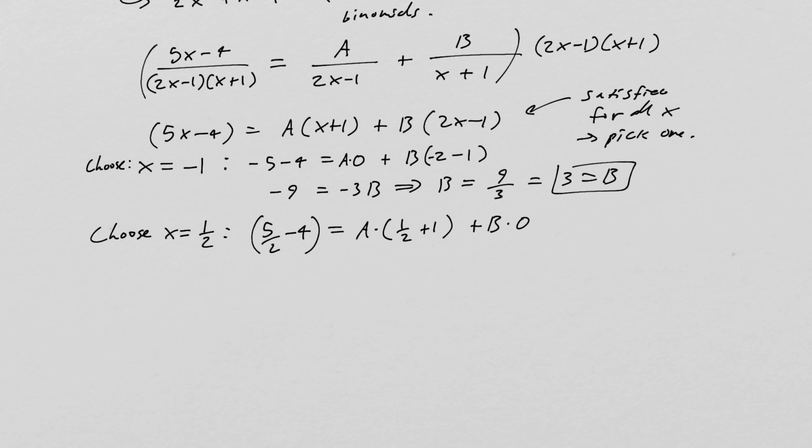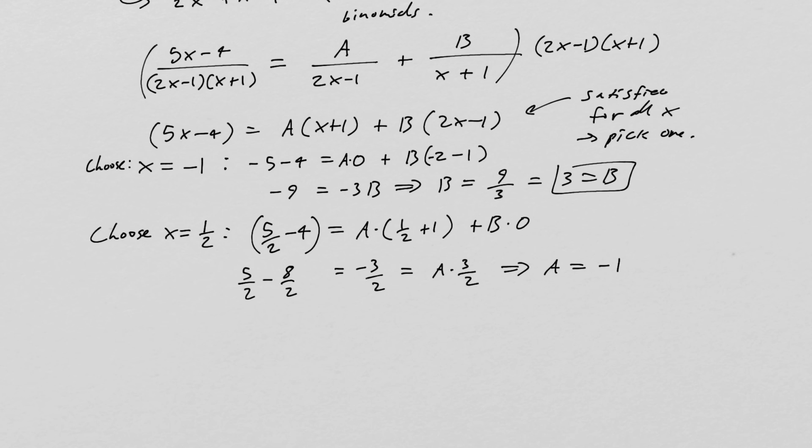This one should be fairly straightforward to do. We have to do a little bit of fractions here, but maybe not that much. So we have 5/2 minus 8/2, and that's going to be equal to minus 3/2, and that's going to be equal to a times 3/2. So a is going to be equal to -1.